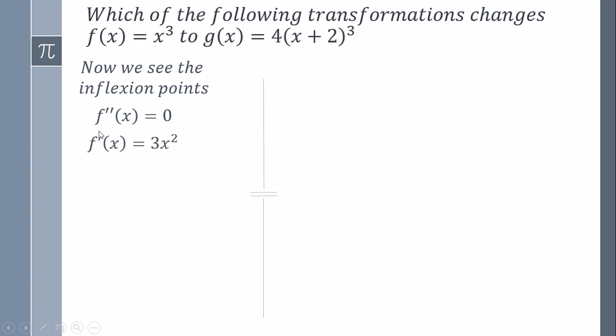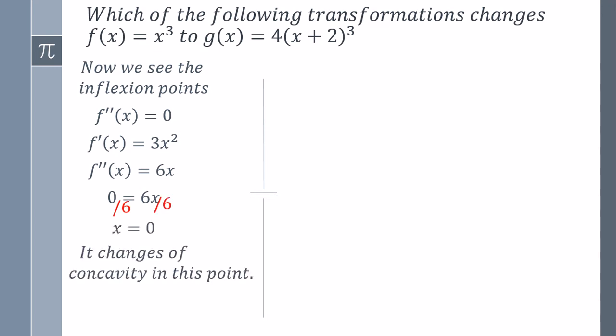The first derivative is this one, and the second derivative is going to be 6x: the 2 goes down, multiplied by 3, and 2 minus 1 is 1. I make it equal to 0, divide both sides by 6, and I have x equal to 0. So at x equal to 0 and y equal to 0, the concavity changes.